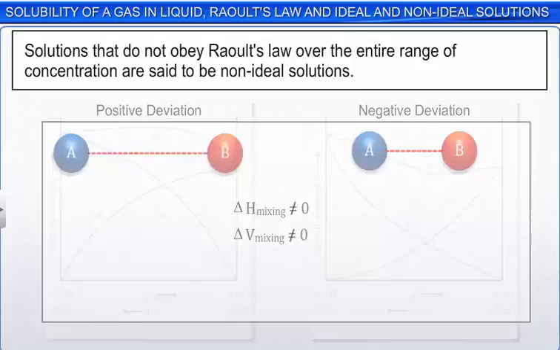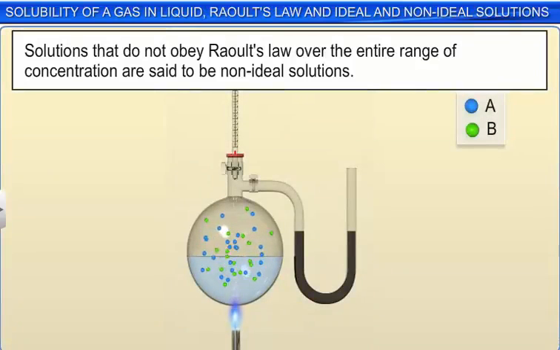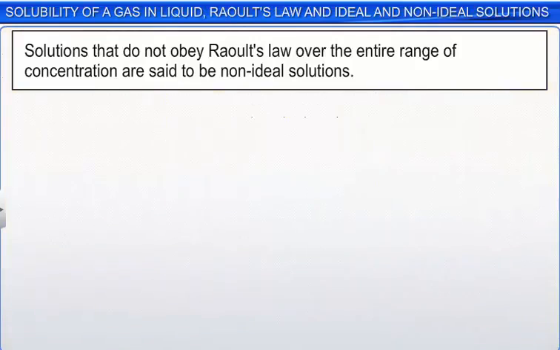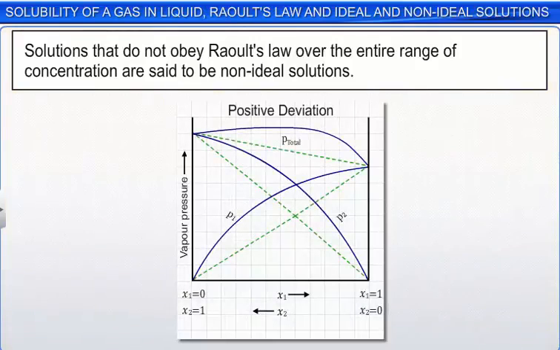If the magnitude of A-B interactions is weaker than the magnitude of A-A or B-B interactions, then such solutions have a higher tendency to escape in the vapor phase and will show a higher vapor pressure. Such solutions are said to exhibit positive deviation from Raoult's law.